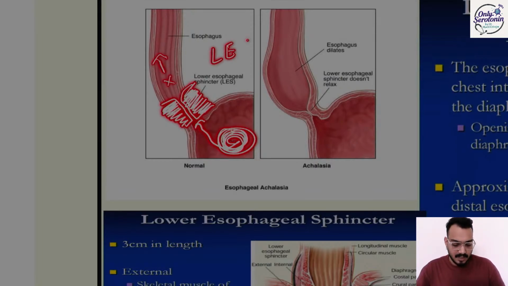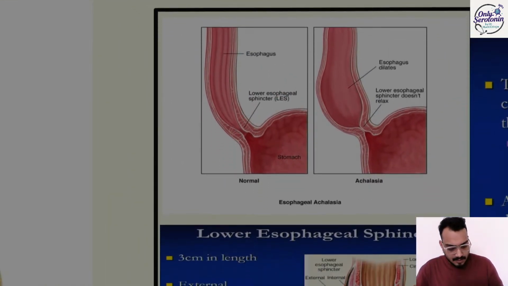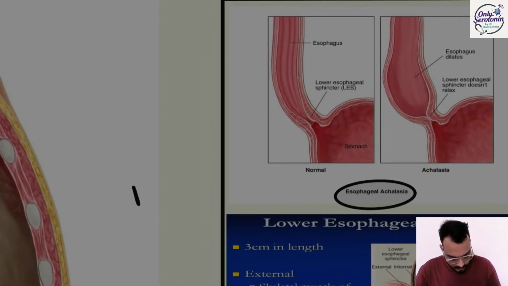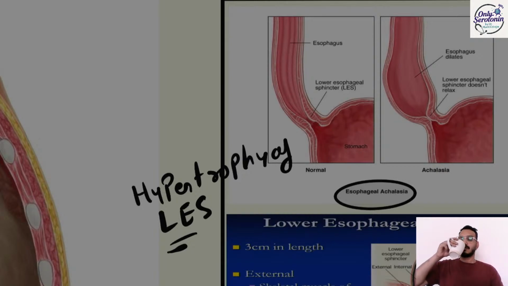Let's write it down, guys. In achalasia cardia or esophageal achalasia, you are going to see hypertrophy of the lower esophageal sphincter. Your lower esophageal sphincter is going to get hypertrophied.